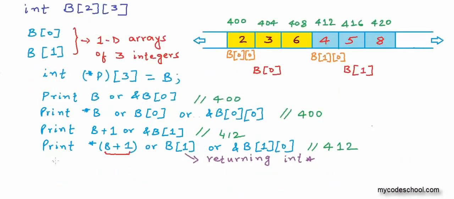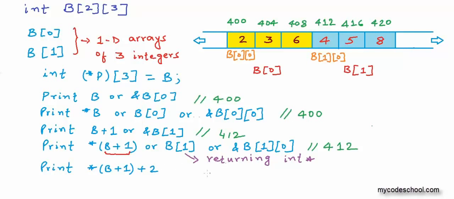Okay, now you need to gear up because I'm going to give you some tough ones to decode. What will be the output if I print asterisk of b plus 1, plus 2? Take some time and think about it. Asterisk of b plus 1, as we saw above, will return an integer pointer to the first integer in b1, to the integer at address 412.